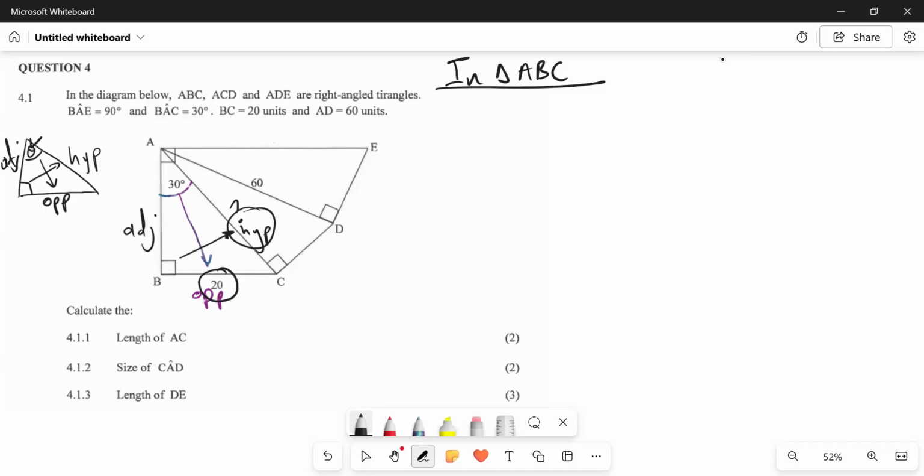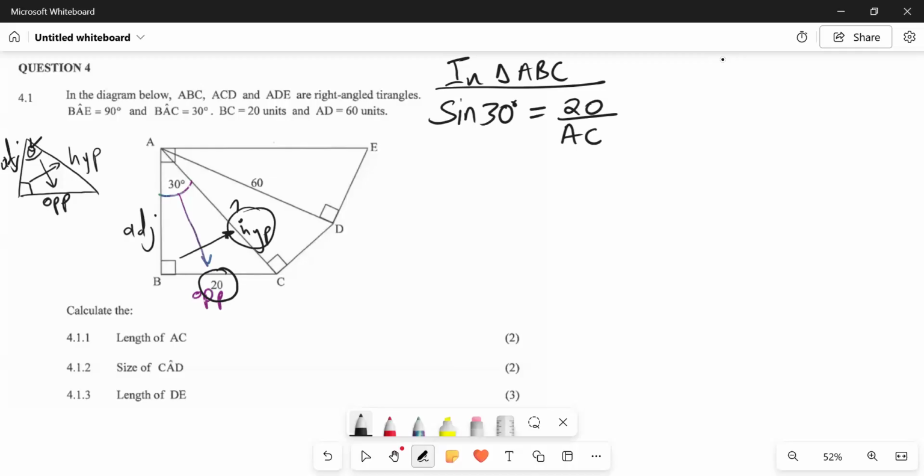There you go. You have your sine of 30 degrees is equal to our opposite side, that's 20, divided by our hypotenuse, which is AC, right? I believe that we are still together, my learners.